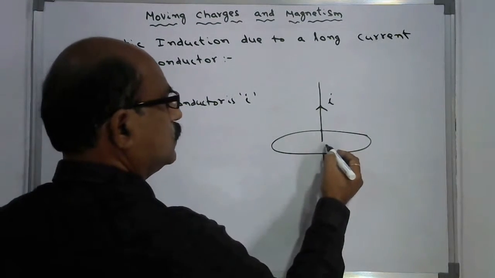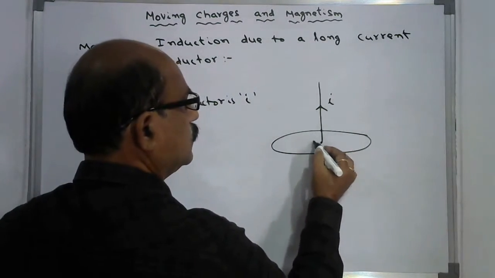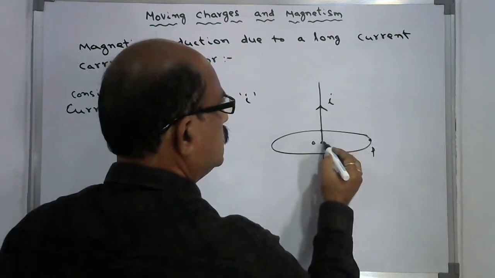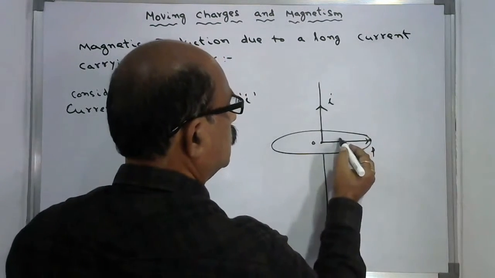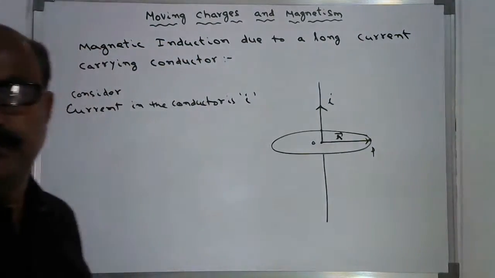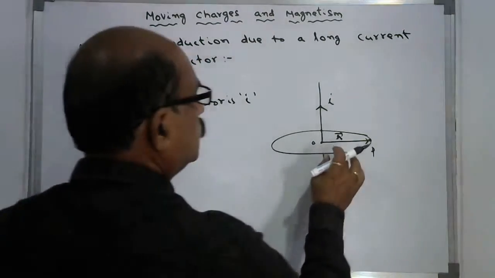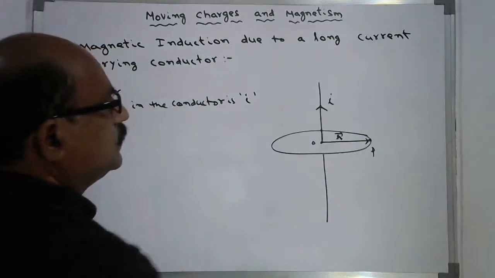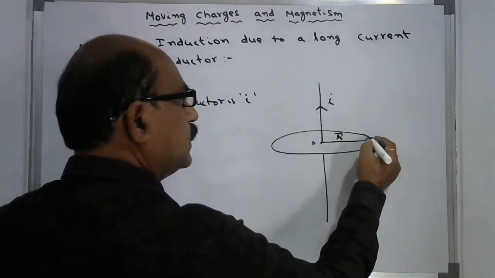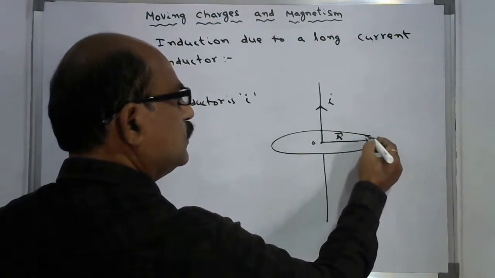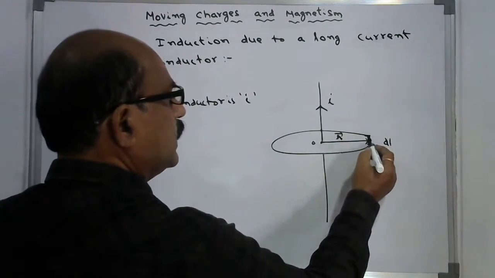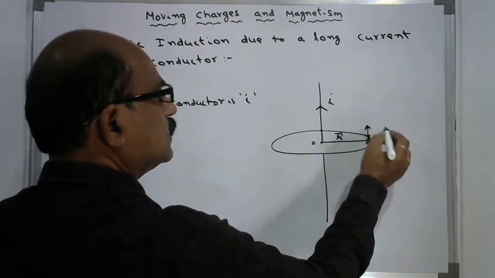I would like to consider a point P which is at a distance R, and this R represents the position vector of the point P. And I just consider a small element here of length dl, and the magnetic field will be in this direction.